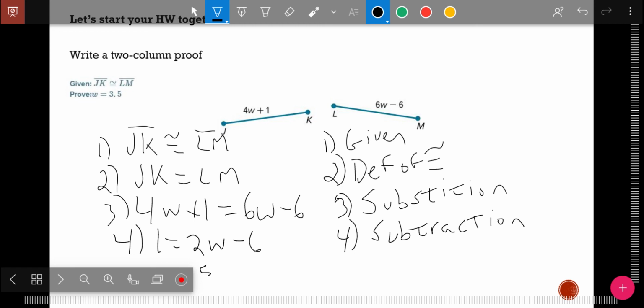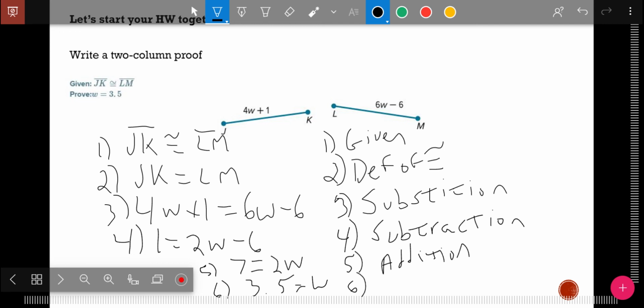I add 6 over to both sides. I'm running low on space, but I would get 7 equals 2w. I added 6 to both sides. That's addition. And then I divided by 2, and I got 3.5 equals w, which is the same to me as w equals 3.5.